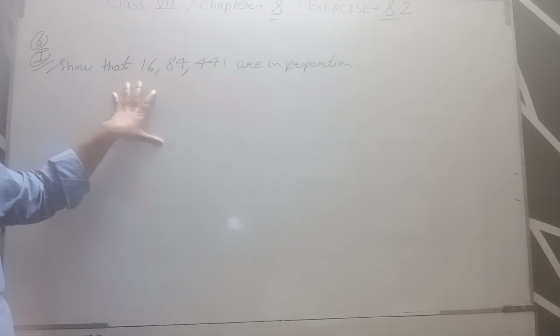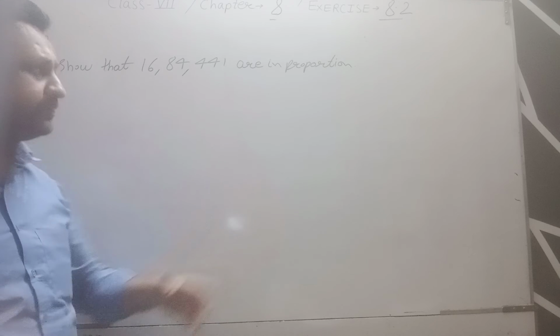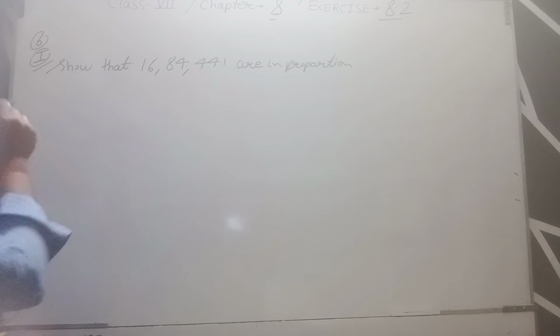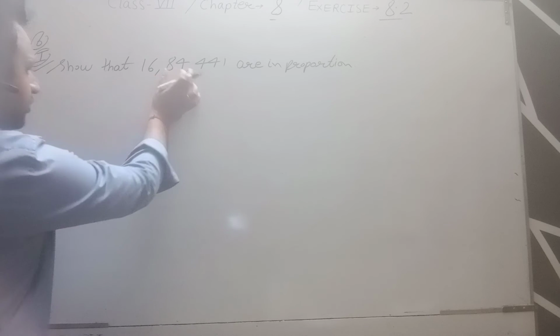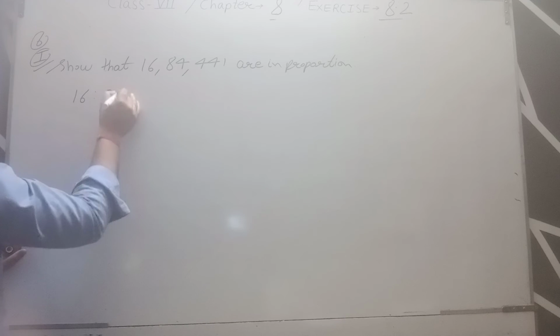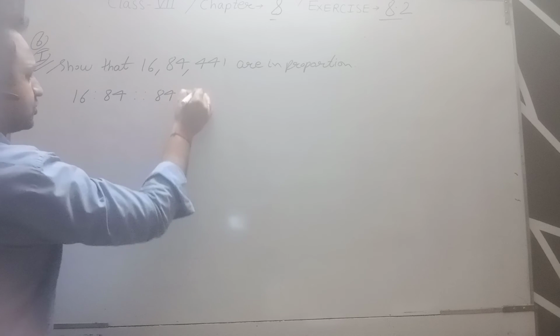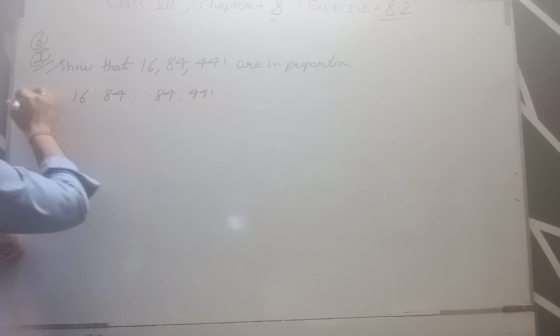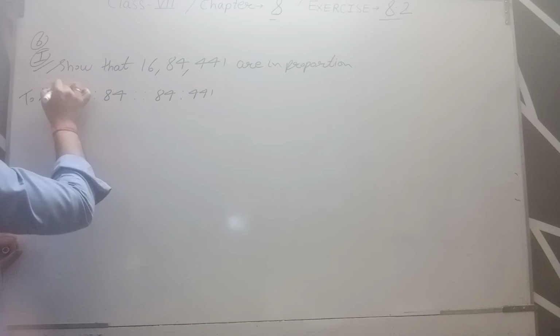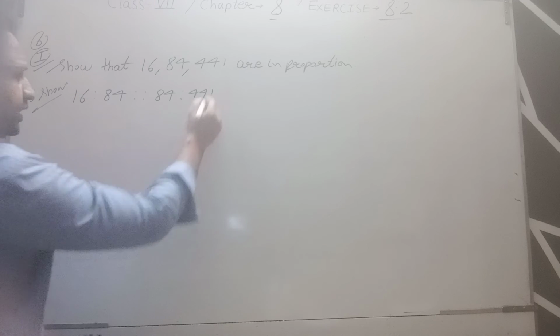So we have to consider that the 3 numbers are in continued proportion, and for the continued proportion we have to repeat 84 again. So 16 ratio 84 proportion 84 ratio 441. We have to show that, whether this condition is fulfilled or not.